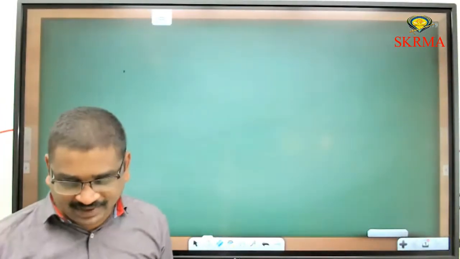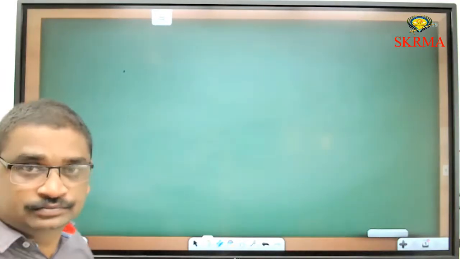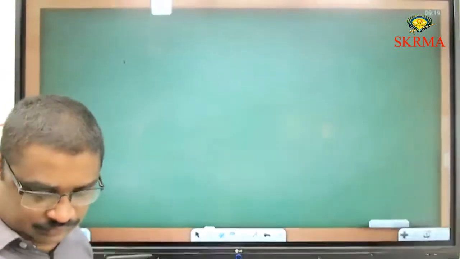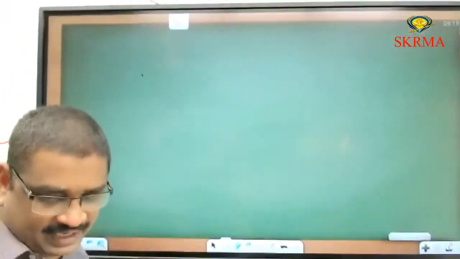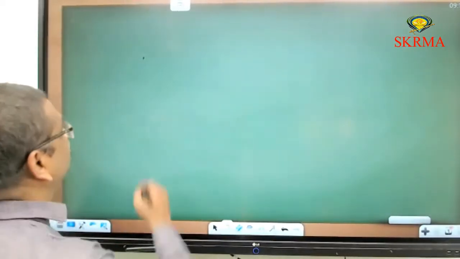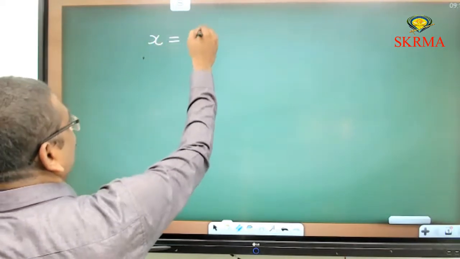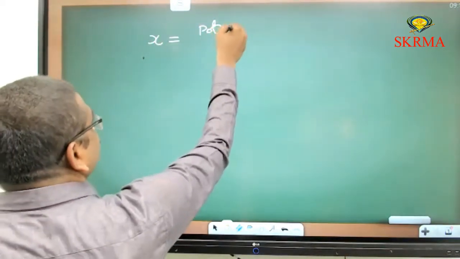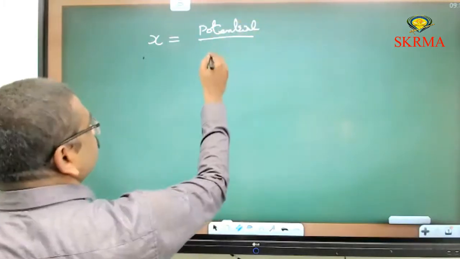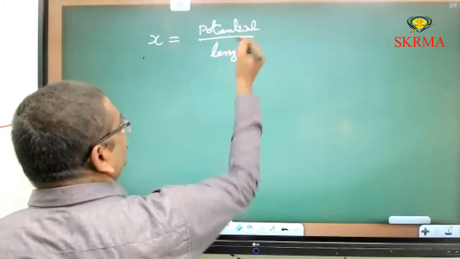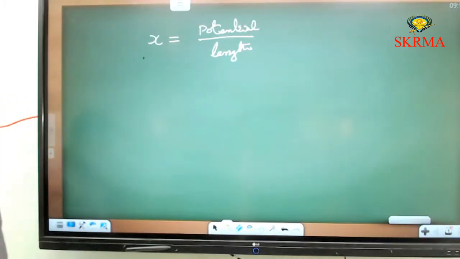Potential gradient, let it be denoted by x, means potential by length. Potential by length is called the potential gradient.